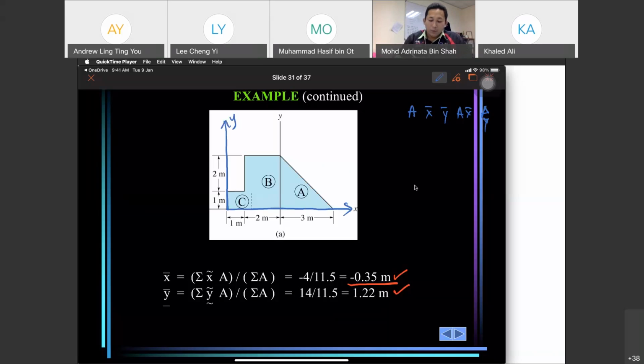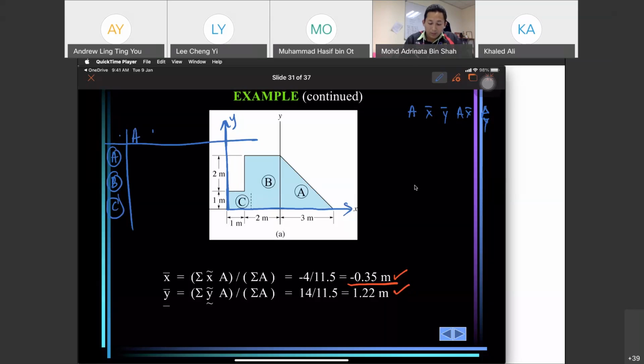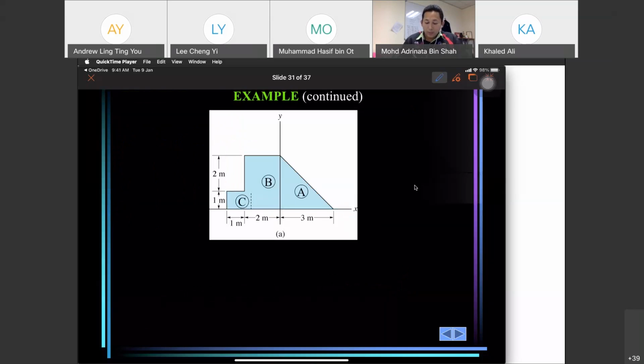You have A, B, C, and make the table like this.